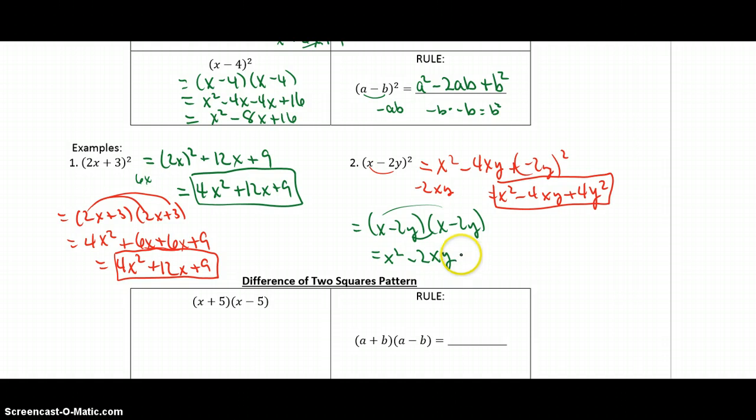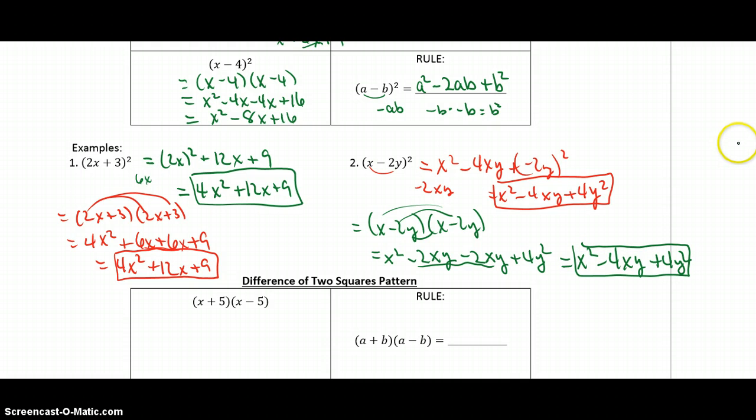Same thing in the middle, negative 2xy. And then lastly, negative 2 and negative 2 make positive 4. y times y is y squared. And we can just put those two middle terms together: x squared minus 4xy plus 4y squared. That example is about as tough as it will get.